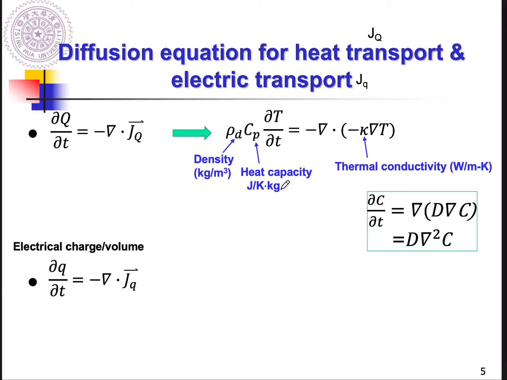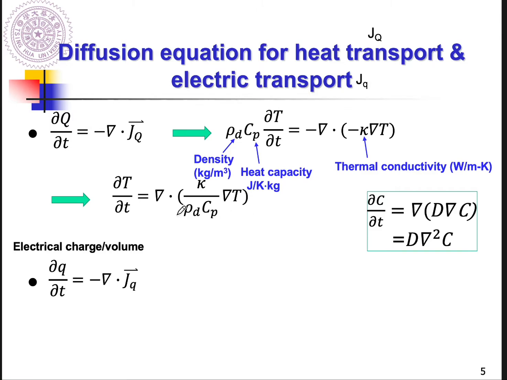As you know, in kinetics people want to use per volume as a unit, since it's easy to compare with other systems. So we use the unit volume, and you multiply by the density, then you get per volume. And the flux, based on Fourier's law, is minus kappa times the temperature gradient. After rearrangement, you move the density and heat capacity to the right-hand side, and you get this.